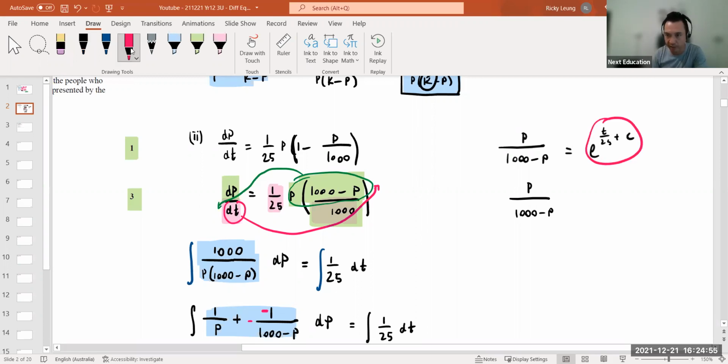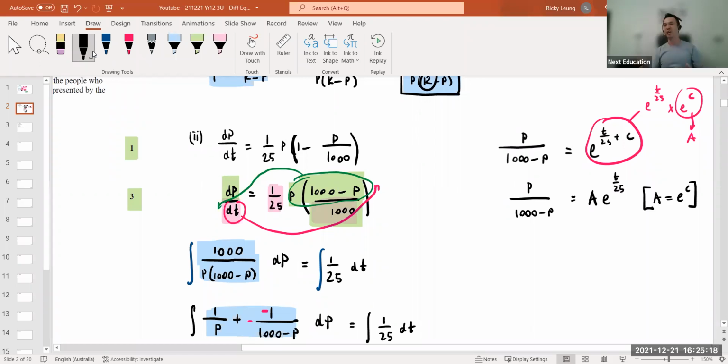I know that this guy's the same as e to the t on 25. Like when you add something in the indices, it's like times. And then I'm just going to replace this with a capital A. So then it becomes equals A times e to the t on 25, where A equals e to the power of c.